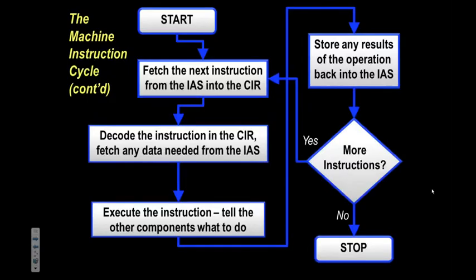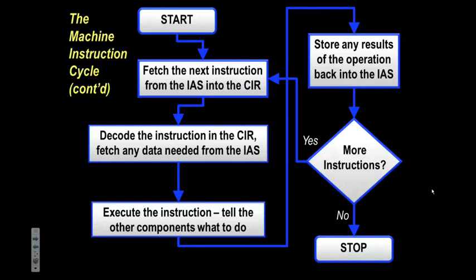I've put this into more of a flow chart for you. Here's what the inside of the CPU is doing. This is like the rule book for the CPU. I fetch the next instruction from my storage and put it into the current instruction, the one I just grabbed. I decode that current instruction, and it might say, add these 2 numbers.